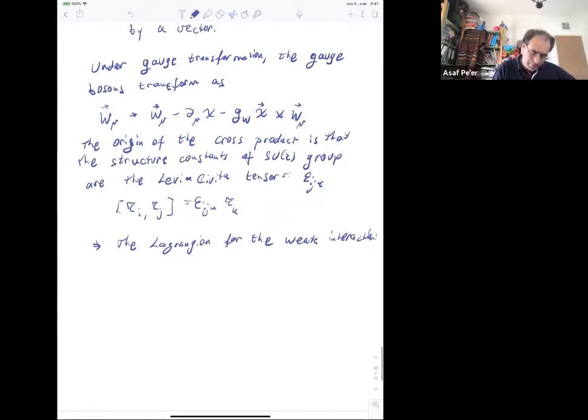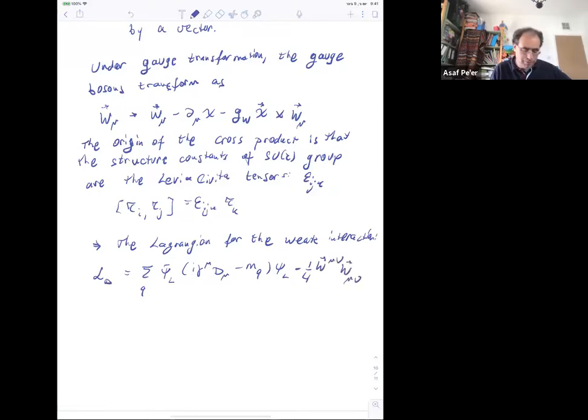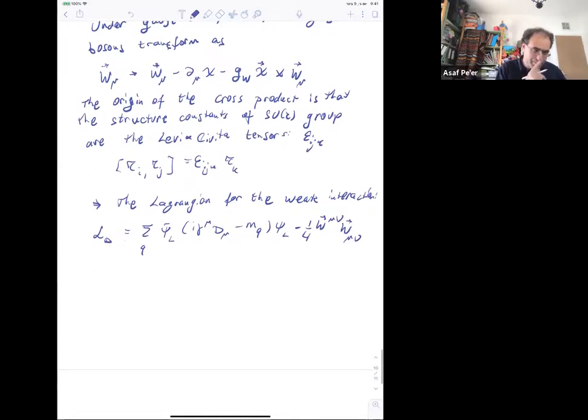L is the sum over all the quarks of ψ̄_L i γ^μ ∂_μ minus m_quark ψ_L, minus 1/4 W_μν W^μν, where again, very similar to QED, W_μν is the kinetic term for the W bosons.